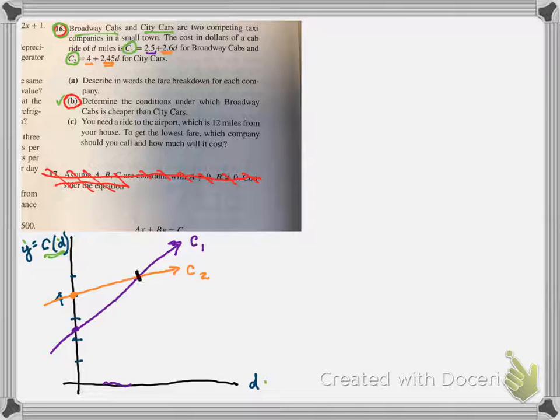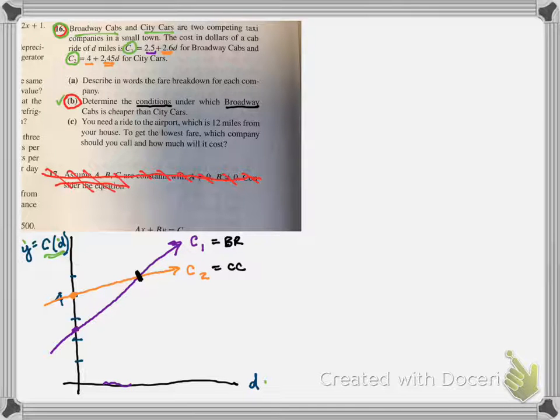The question posed is, determine the conditions under which Broadway Cabs, C1, is cheaper than City Cars, C2.